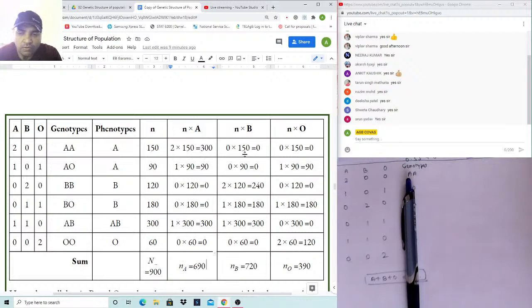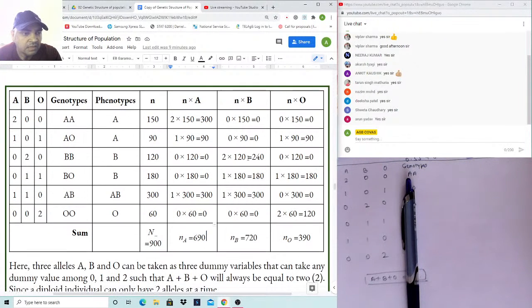For the B allele, we have 0, so it is 0, 0, 0. For 2, 2 into 120 is 240, 1 into 180 is 180, 1 into 300 is 300, and because here it is 0, it will be 0. If you sum them up, it will be 720. Now for the O blood group, similarly, we have to multiply these dummy variables into the number of individuals, or the number of genotypes, right?